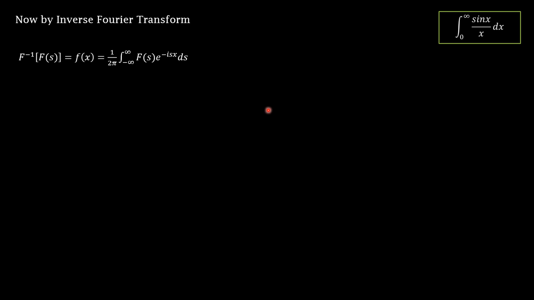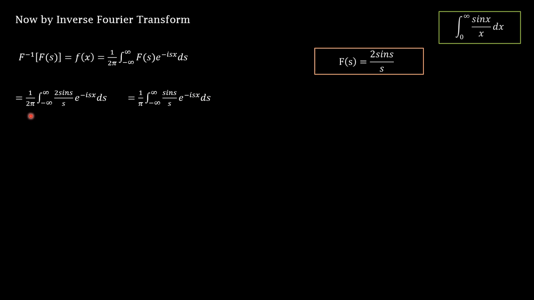From the previous slide, the Fourier transform of the function is given by F of s equal to 2 sin s by s. Just substituting it in the given integral, 1 by 2 pi integration from minus infinity to infinity of 2 sin s by s into e to the power minus isx ds.